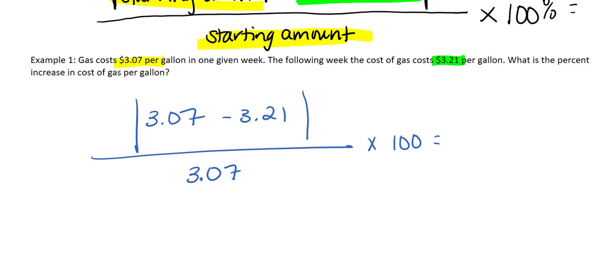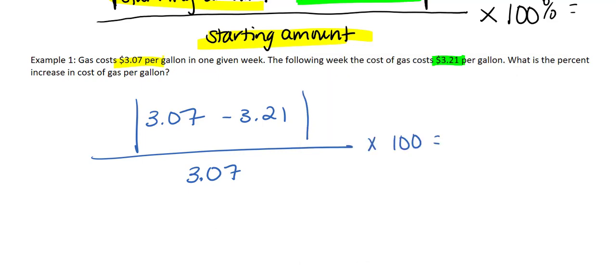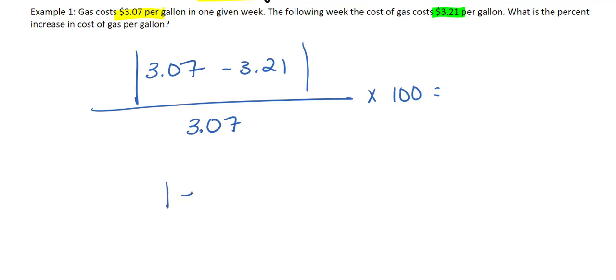So let's get our calculators out. So we got $3.07 minus $3.21, and we get negative 14 cents, right? Negative 14 cents essentially. And that's going to be over 3.07.